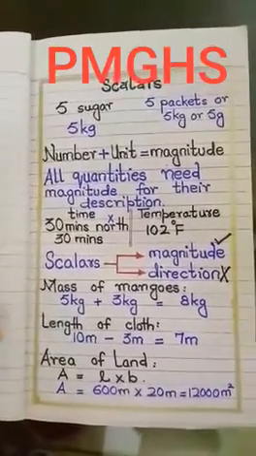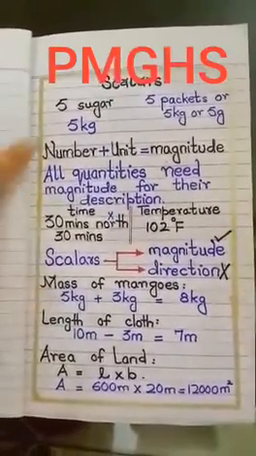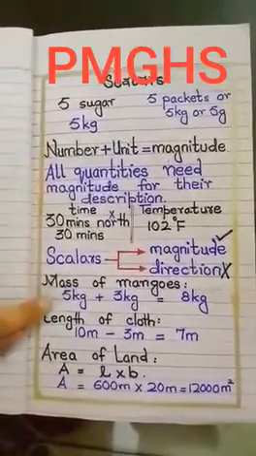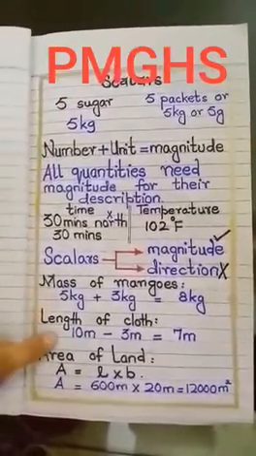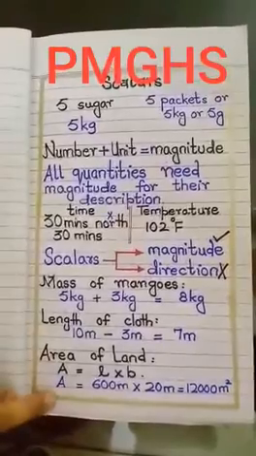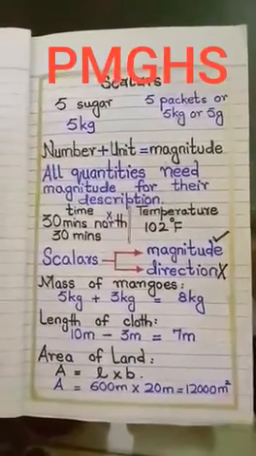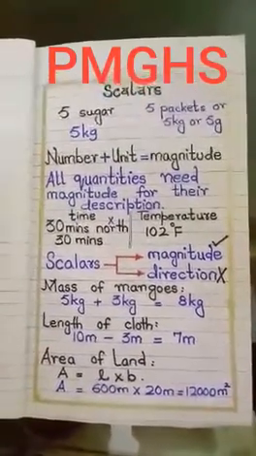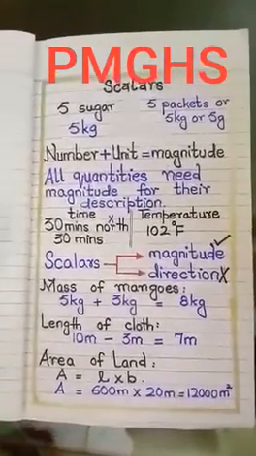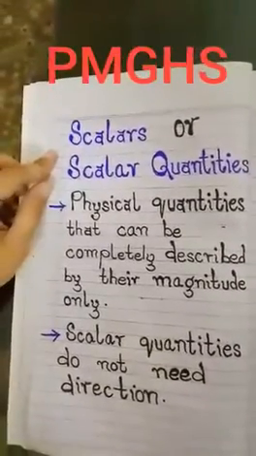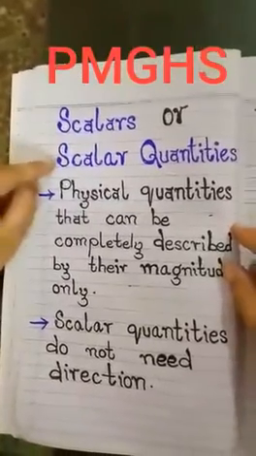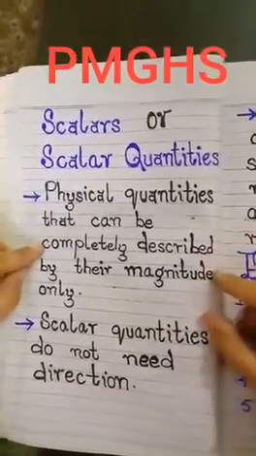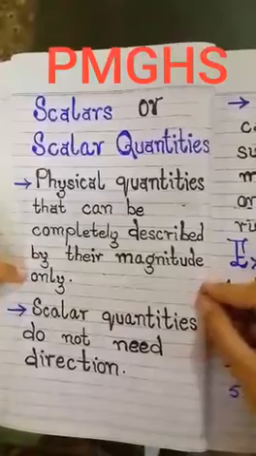You also notice that magnitudes of scalar quantities can be added, subtracted and multiplied by using ordinary mathematical rules. From this discussion, we conclude that scalar quantities can completely be described by their magnitude only.